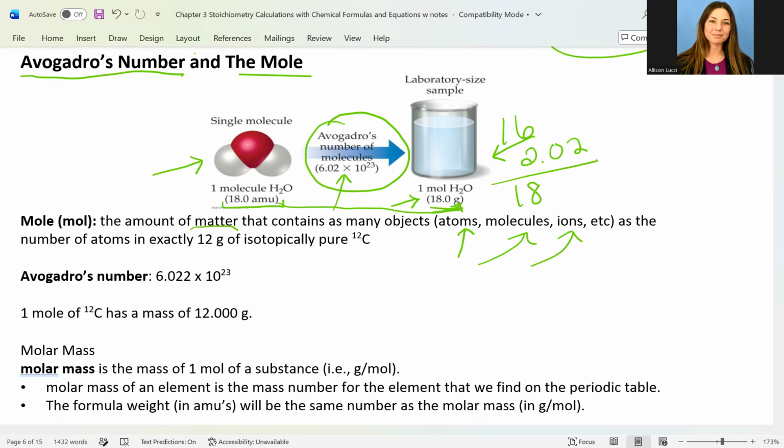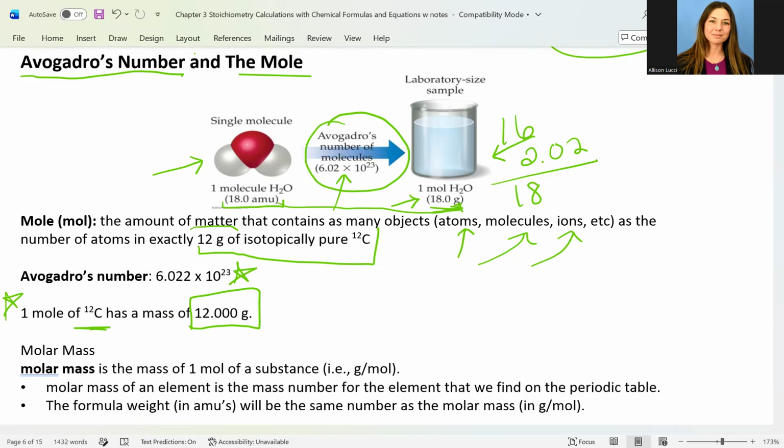And this derives from the fact that we assign one atomic mass unit based on pure isotope of carbon-12 weighing exactly 12 grams. So that's where we see the importance of that carbon-12 isotope and defining its mass as exactly 12.000 grams. This number is important to note, Avogadro's number.